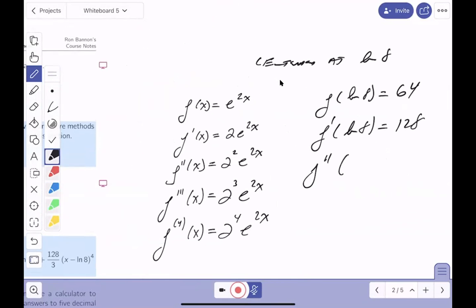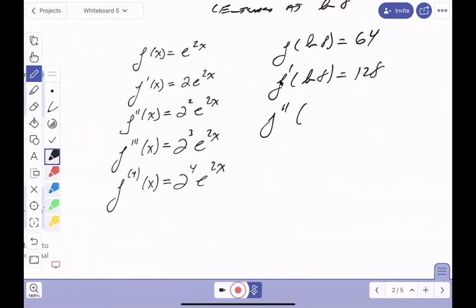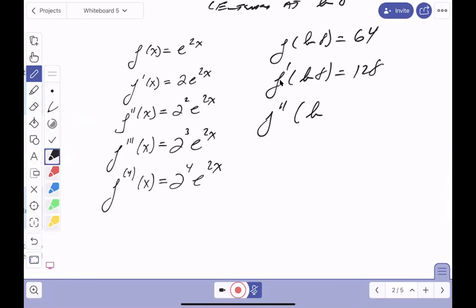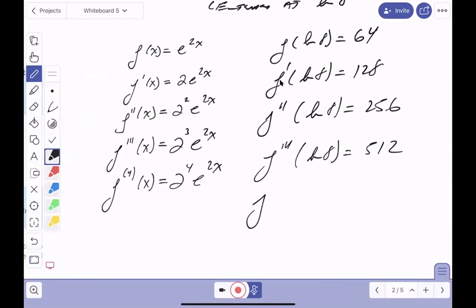F double prime, by the way, you learned about logs in math 119. F double prime ln 8 is 256. F triple prime ln 8 is 512. F4 ln 8 is 1024.